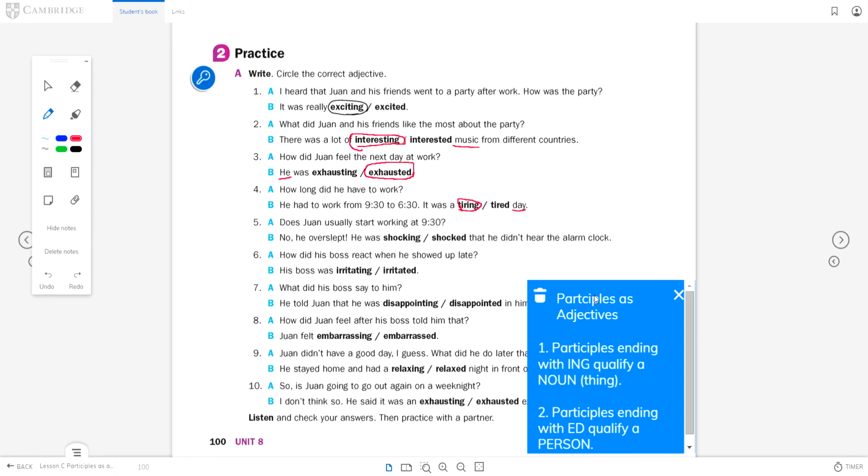Don't do that. I want you to have in your mind that English is simple. If you study, if you focus, you will end up getting it. You will end up understanding it. You can do it. Continue here. Number 5.